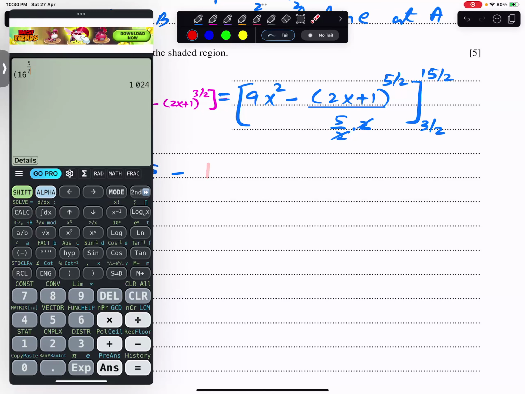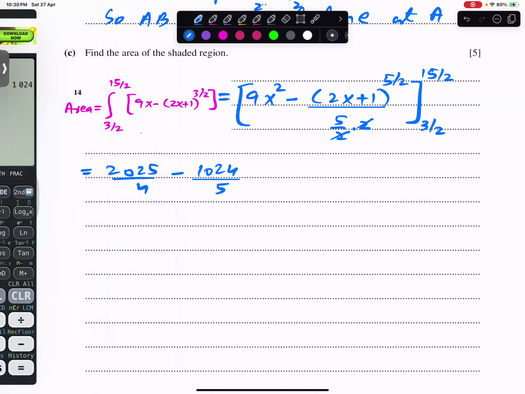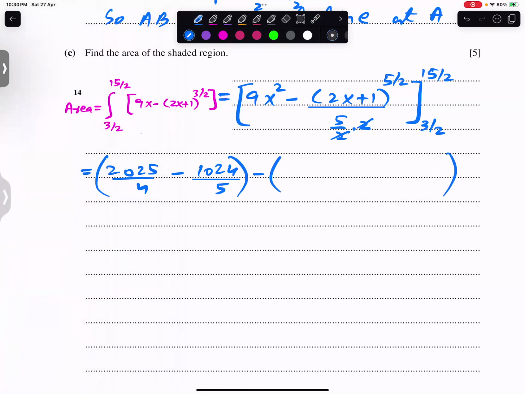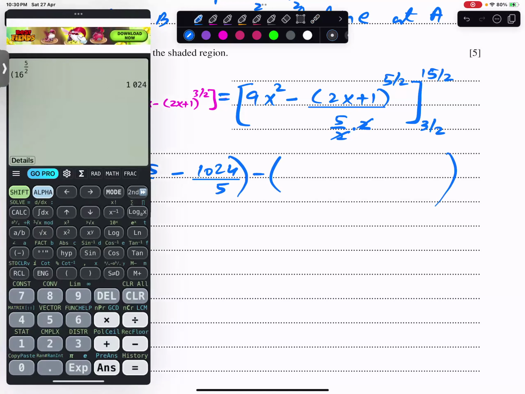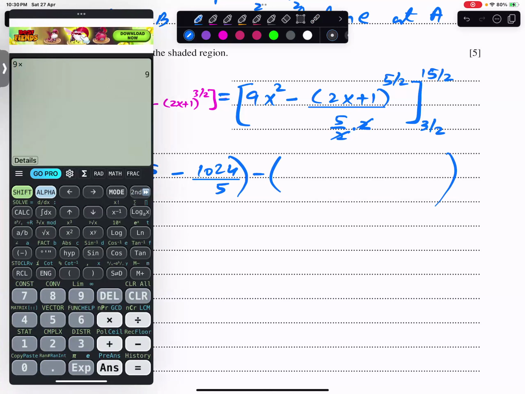So 1024 divided by 5. This is your upper limit, minus the lower limit. So 9 times 9 over 4, which is 81 over 4, minus 4 to the power 5 over 2, which is 32 over 5.